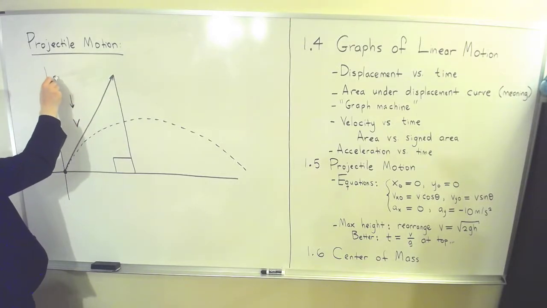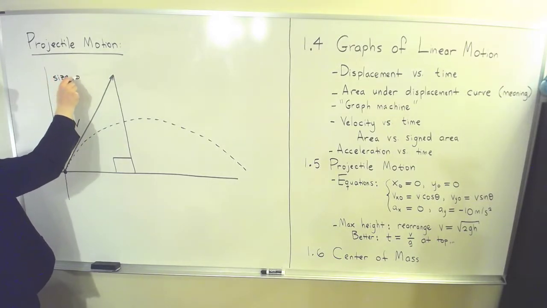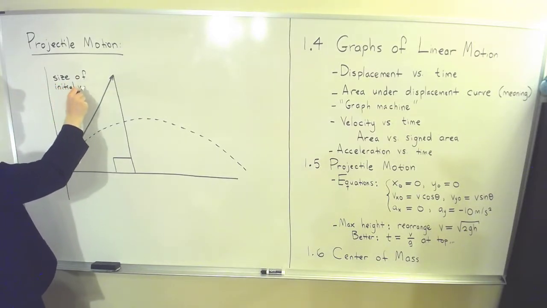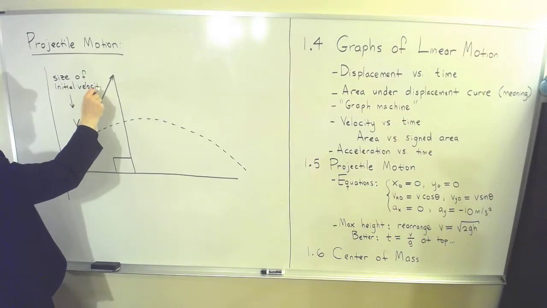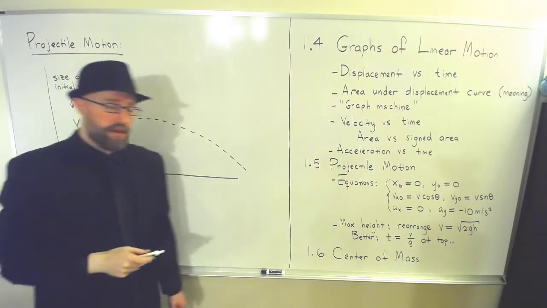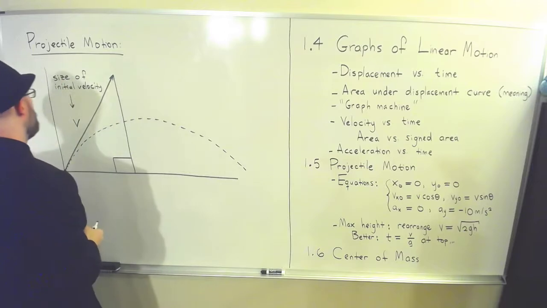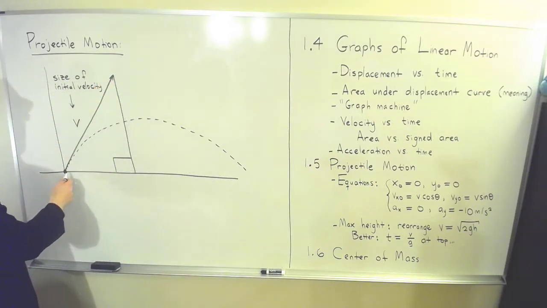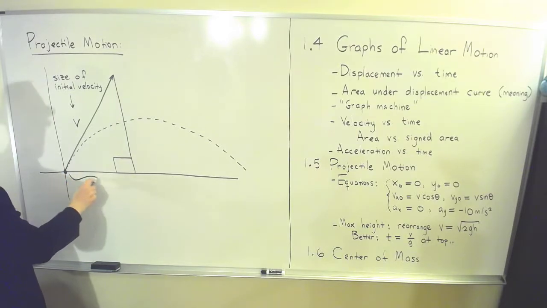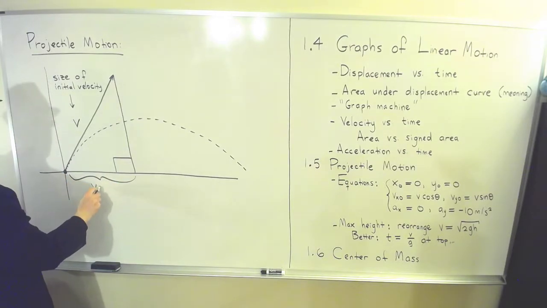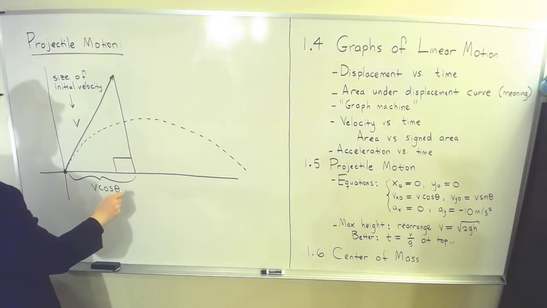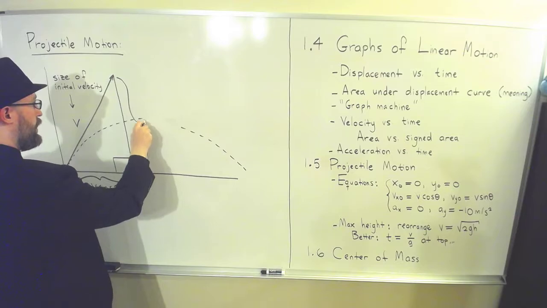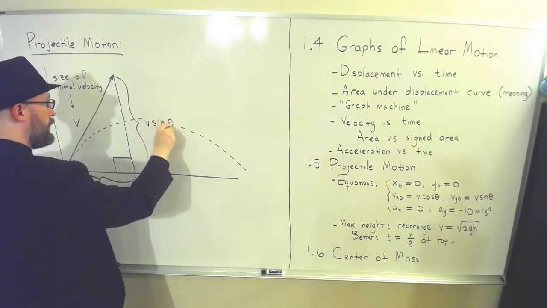This is the size or magnitude of initial velocity. That's how fast it starts out going. That's the muzzle velocity, if you're talking about shooting something out of a gun, and that's represented by this length here. Well, you remember your trig. That means this length here has to be v cosine theta, and this length here has to be v sine theta.